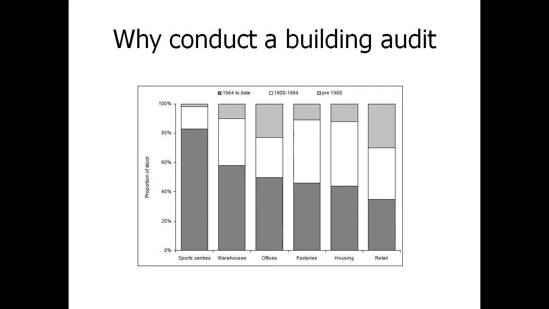In some of those buildings that we've got here, showing pre-1990 and 1964 to date, we can consider the buildings that are older are more likely going to have more problems, particularly with legislative issues, and maybe even performing to a standard that the current tenants or building occupants need.